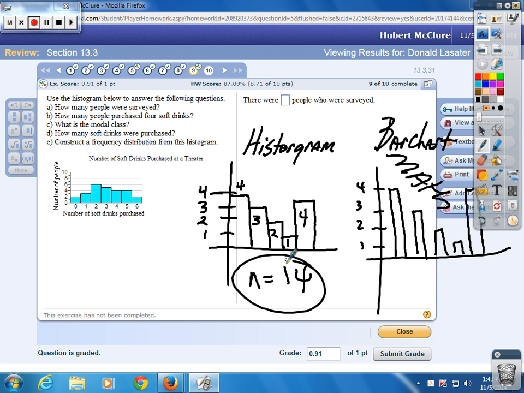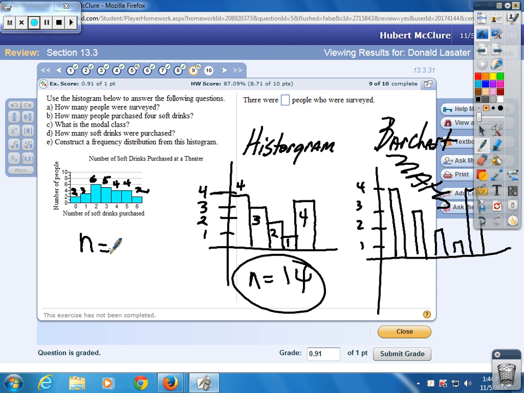What is n? Or what is the population? How many here? Well, 2, 3, that's 2. That's 3. What's this? 6. This is 5. This is 4. Let's see, that's 4. And this is what, 2? Looks like 2. So what's n?